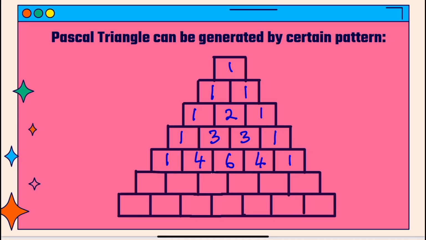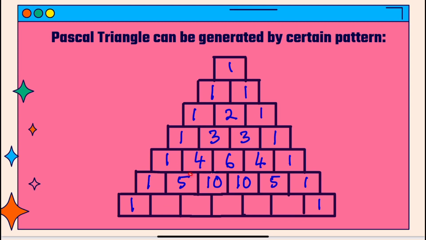Next row, start with 1, end with 1. 1 plus 4 equals 5. 4 plus 6 equals 10. 6 plus 4 equals 10. 4 plus 1 equals 5. Next row, start with 1, end with 1.